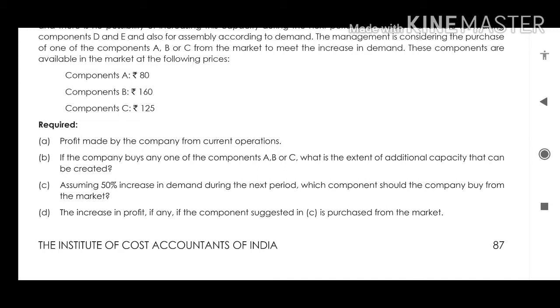And the third question is, assuming 50% increase in demand during the next period, which component should the company buy from the market? And the fourth one is the increase in profit, if any, if the component suggested in the third question is purchased from the market.